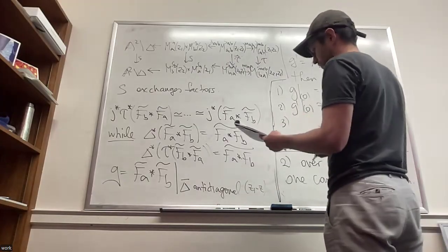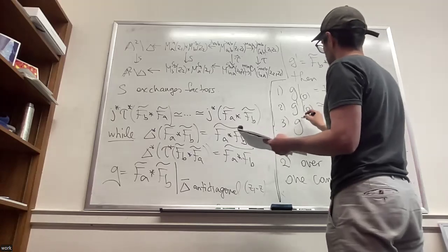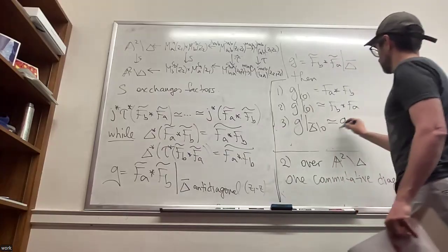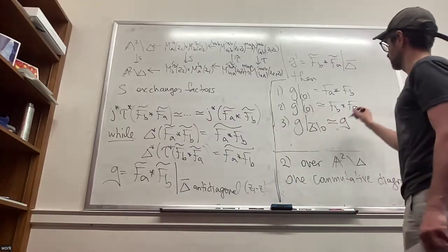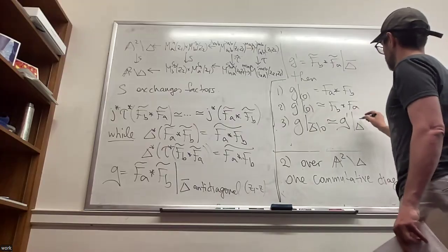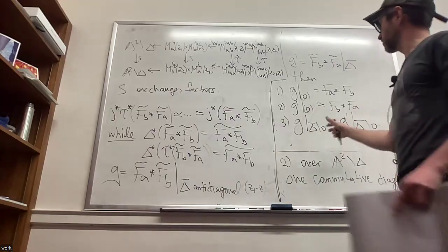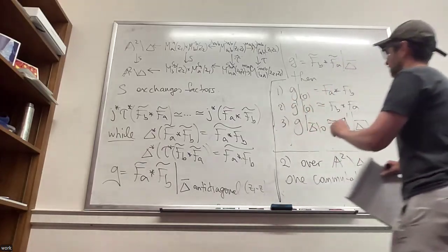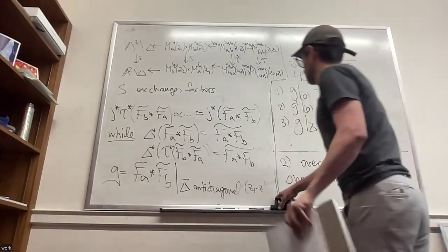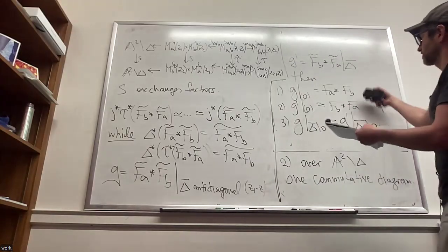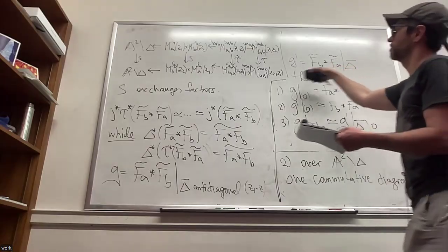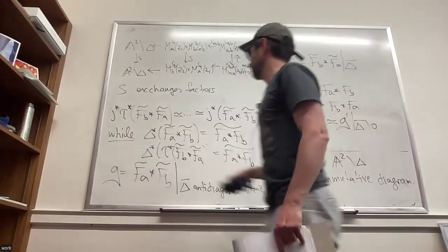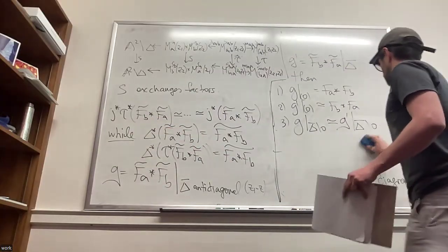And three, away from the diagonal, G restricted to the anti-diagonal minus 0 is isomorphic to G prime restricted to the anti-diagonal minus 0. Away from the diagonal, there's this isomorphism between the two products given basically by this fact. Okay? So what does that mean?